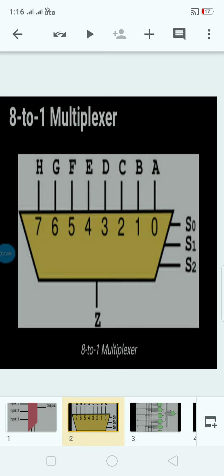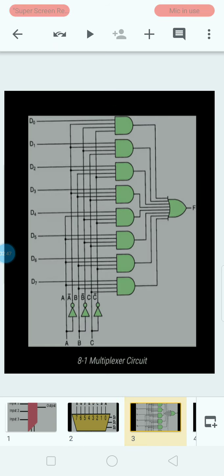The 8 into 1 multiplexer requires 8 AND gates, 1 OR gate and 3 selection lines. As input, the combination of selection inputs is given to the AND gate with the corresponding input data line. In a similar way, all the AND gates are given connections.